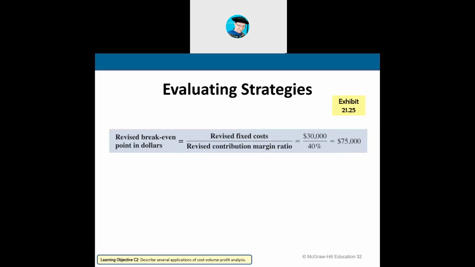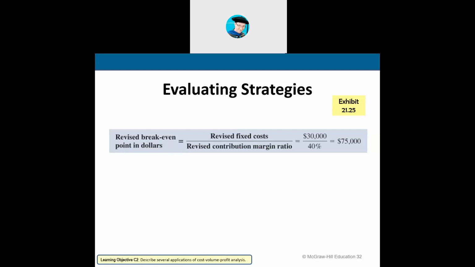And as your costs change, you must also revise your point of break even. That makes sense. If my fixed costs go up next year or next month, as my fixed costs or variable costs change, I need to revise the point of break even.